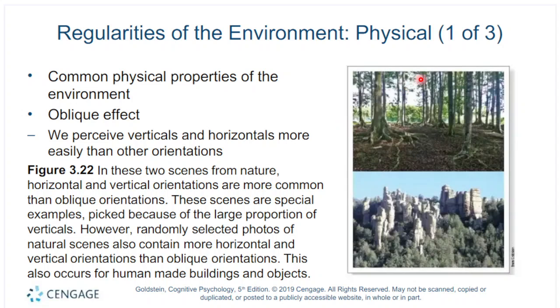We have adapted to our environment that is mostly made up of vertical and horizontal lines. So, for example, the trees, which are vertical lines, and the horizon here, or the land here, which is made up of horizontal lines. Ito yung madalas na nakikita natin.